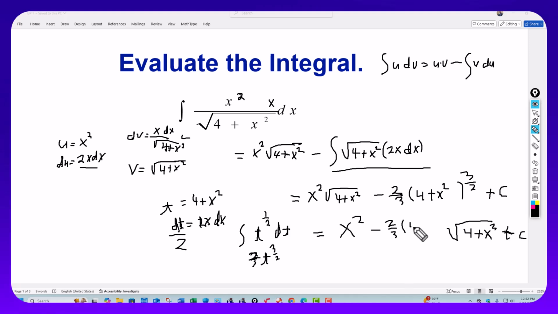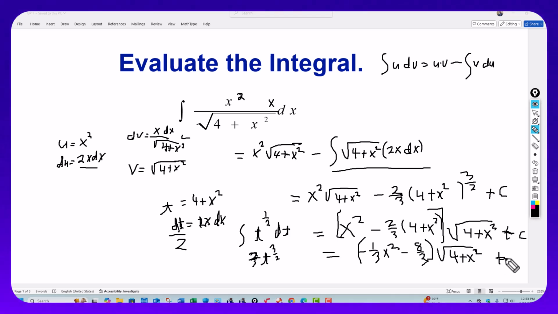Remember, this was factored out here, the square root of 4 plus x squared. So we got x squared, and then a minus 2/3 x squared. That's going to give me a minus 1/3 x squared. And then minus 2/3 times 4 is a minus 8/3 here. And again, times the square root of 4 plus x squared.